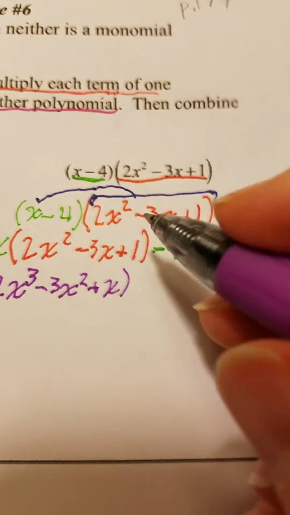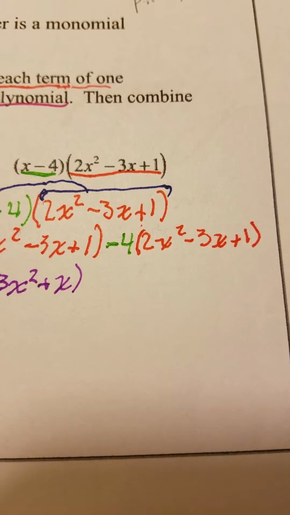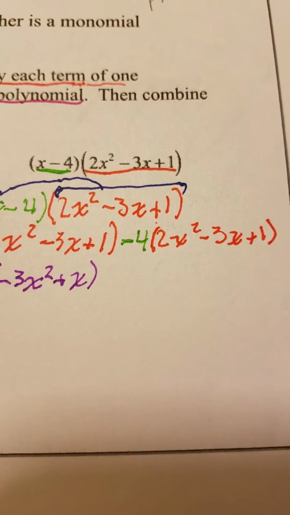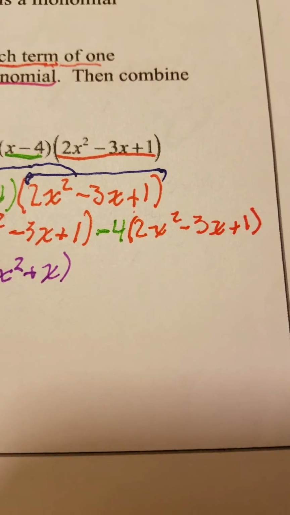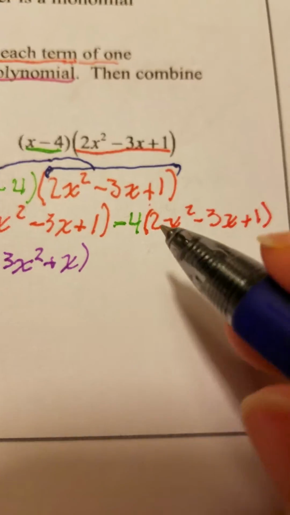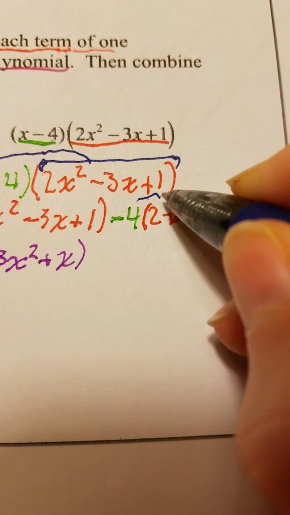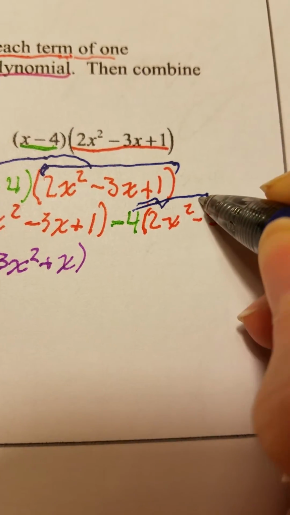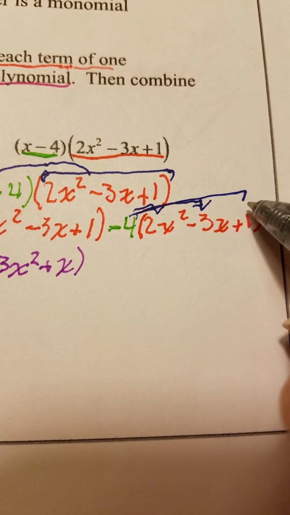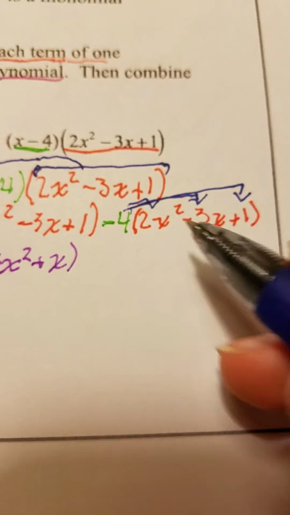Now you do this one. You distribute this one out to all of its little buds over here. So you distribute it to that, and then to that, and then to this. So negative 4 times 2x squared.